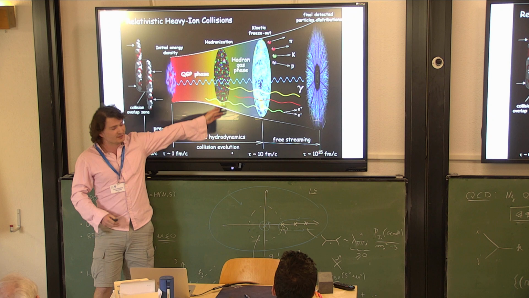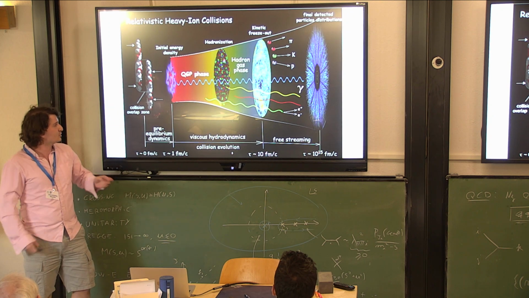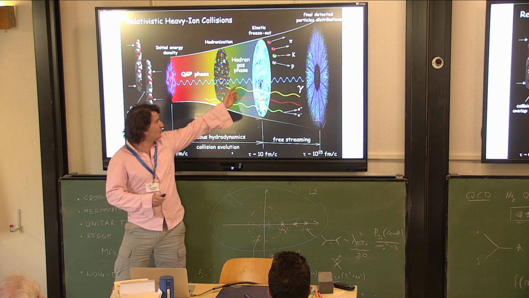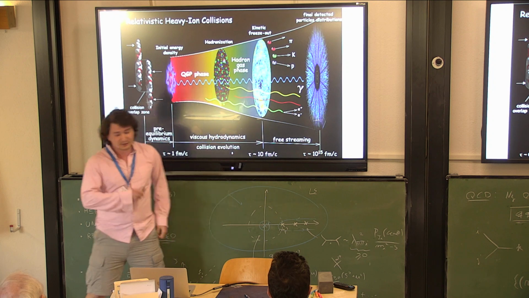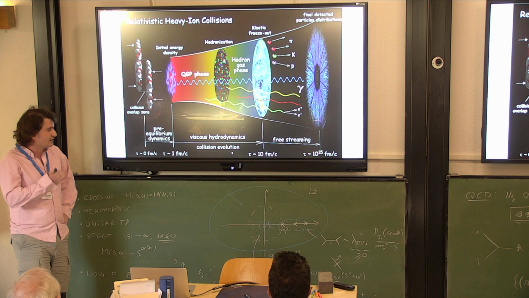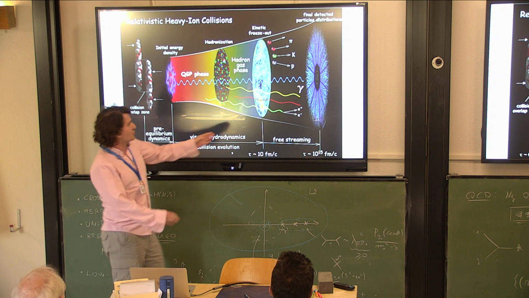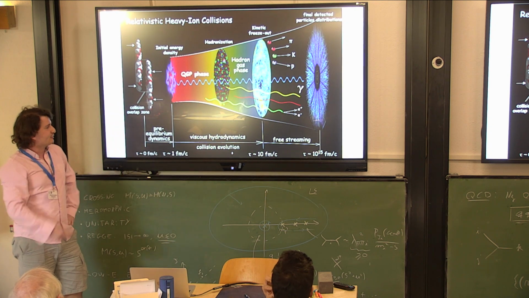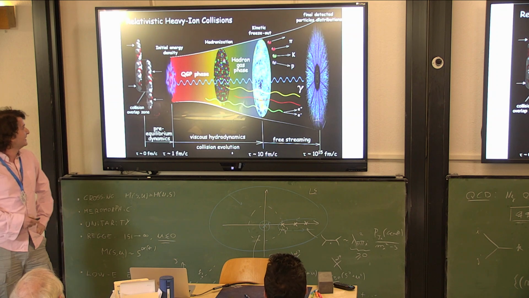Eventually it reaches the QCD crossover temperature, it starts to hadronize. Things are still in kinetic equilibrium until eventually you get to even lower temperatures of order like 100 MeV. And then you just get particles, pions, kaons, protons, neutrons, and they fly away over to our detector.